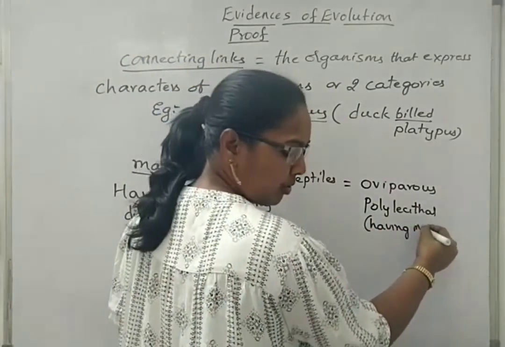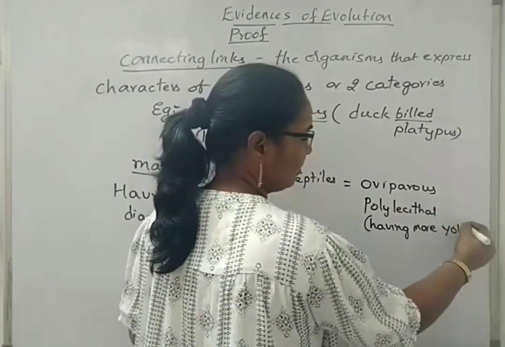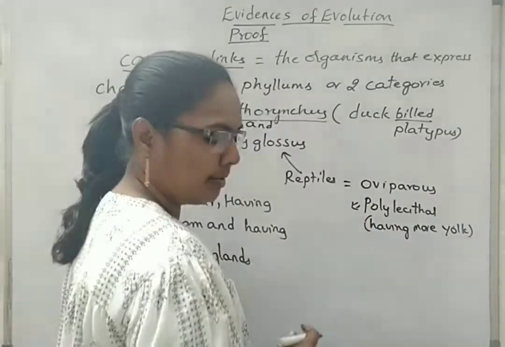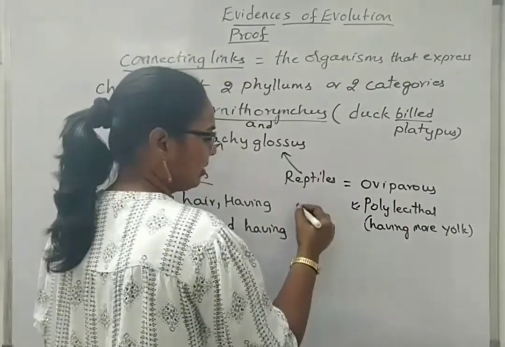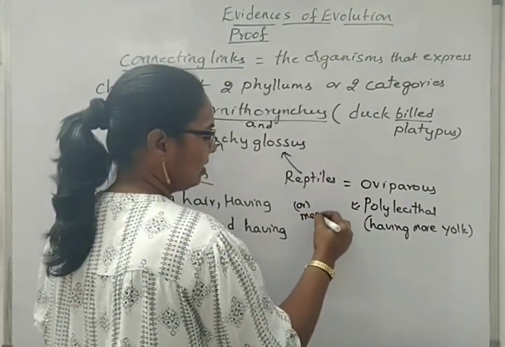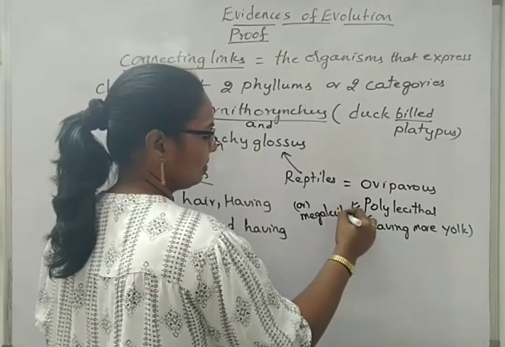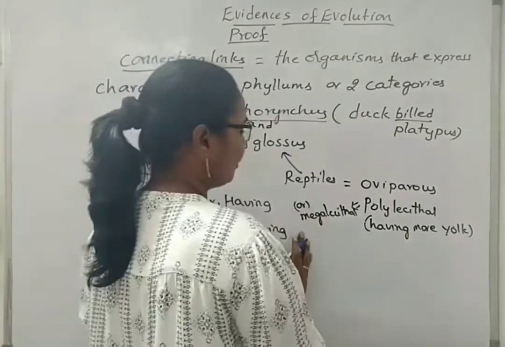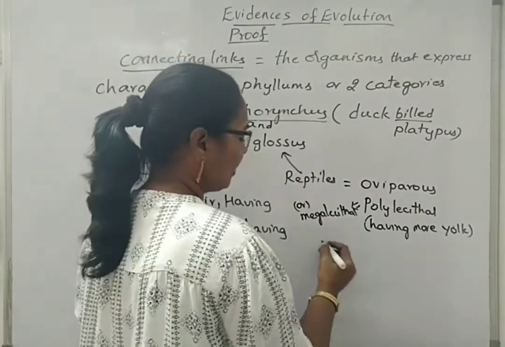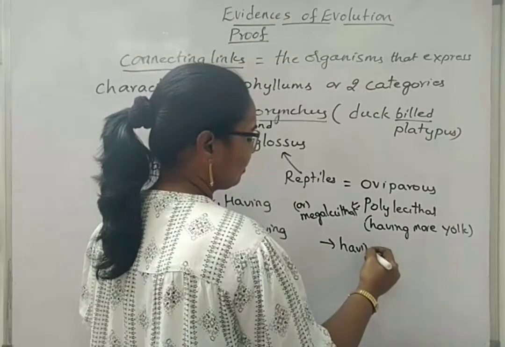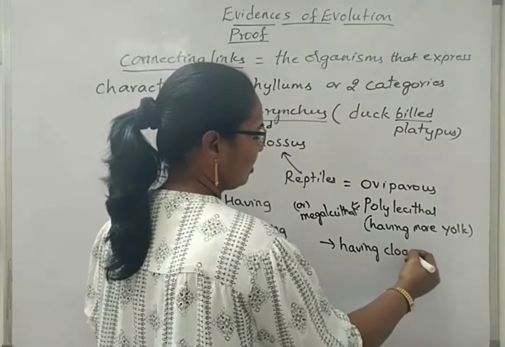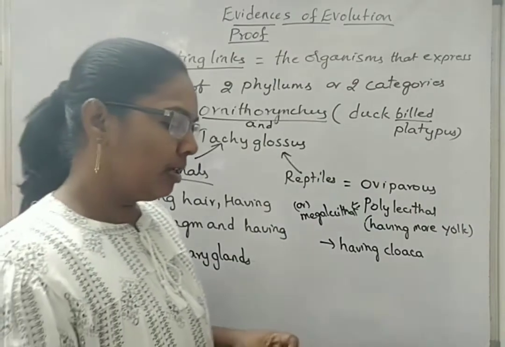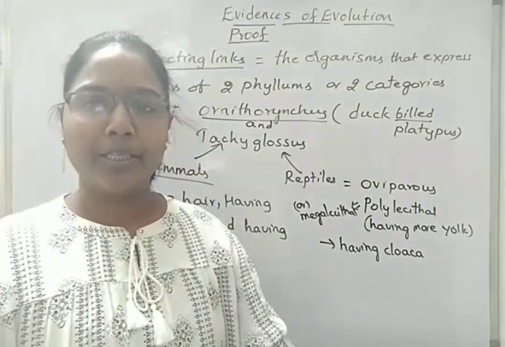Polylecithal is also called megalecithal. Next, another characteristic feature is having cloaca, which is a common opening for digestive waste and also the secretions from the reproductive organs.